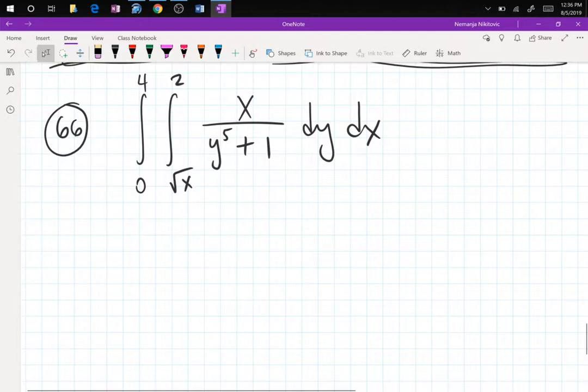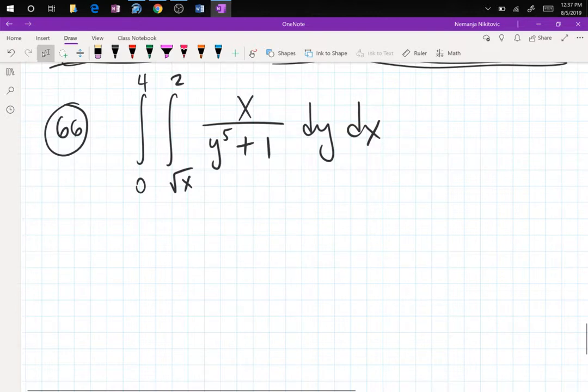Great, so that one is easy. x over y squared plus 1, well, that one will work out to be inverse tangent. So that one is easy as well. And finally, if you had some form of y to the 4th times x over y to the 5 plus 1, that one would also be easy because it would be basic u sub.